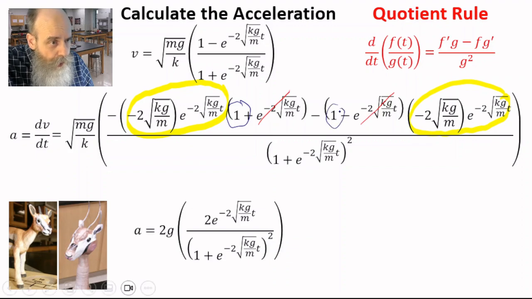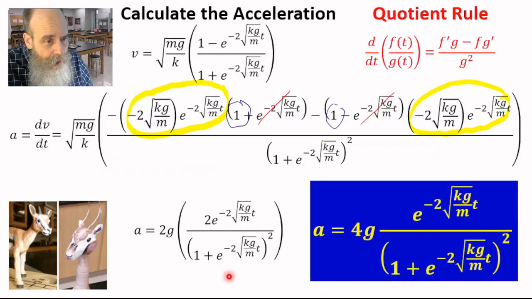This first one is going to be a positive, because negative times negative is positive. The second one is also positive, because we have negative times a negative. And so we get a factor of 2. 1 plus 1 is 2. And so we get a 2 times e to the negative 2 square root kg over m times t. Then bring the 2 out in front, and finally this is what we get. a equals 4g times e to the negative 2 square root kg over m times t over 1 plus e to the negative 2 square root kg over m times t, squared.